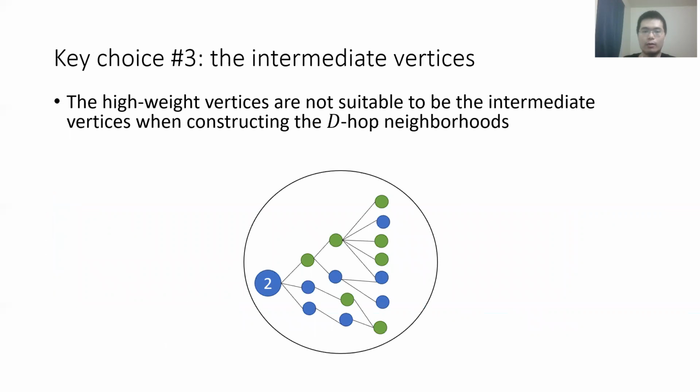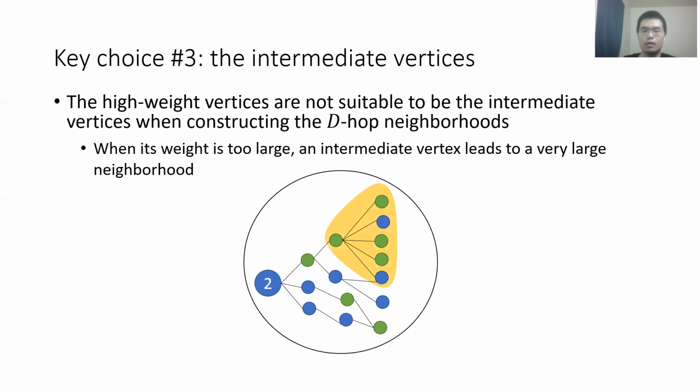Third, the high-weight vertices are not suitable to be the intermediate vertices in D-hop neighborhoods. If we use a high-weight vertex as an intermediate node to reach D-hop neighbors, the D-hop neighborhood could again become too large, so that fake pairs would be easily confused as true pairs. When D is large, such a high-weight vertex can appear very often in a D-hop neighborhood.